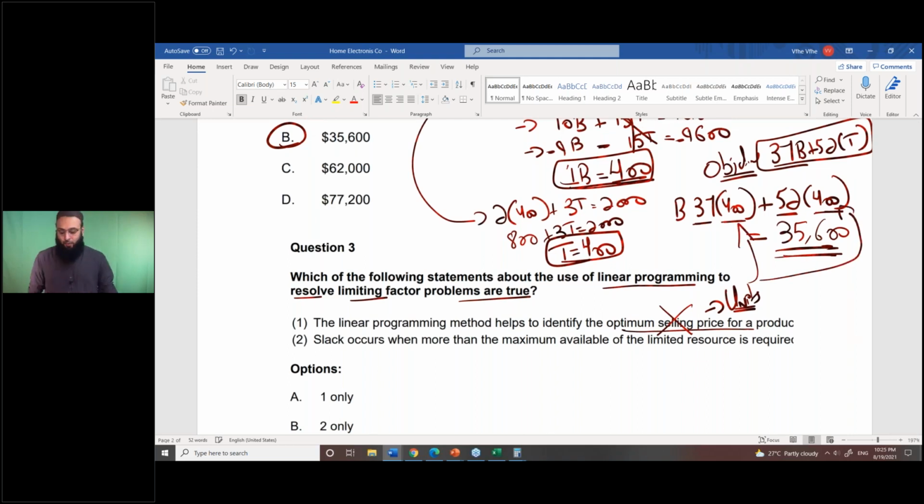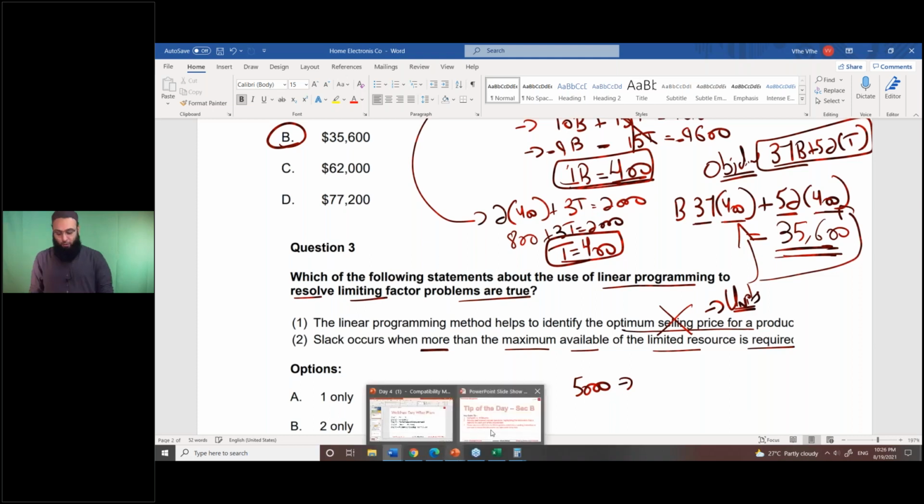Okay. Second, slack occurs when more than maximum available of limited resource is required. More than maximum, which means if you have a maximum of 5,000, it says slack means when more than maximum, above 5,000, is required. Is slack above the maximum?